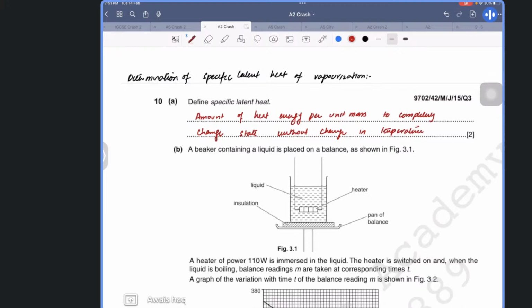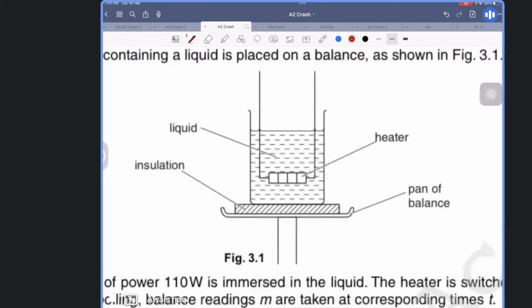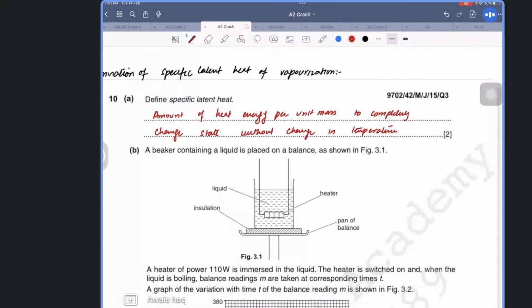All right. Now, let's go forward and check what the question is about. Again, in this section, it is the definition. So this is pretty easy. Actually, the real drawing of this is that you put a pan balance, right? They've also written pan balance. What the pan balance does is that as it is heating, the water boils, and the value of mass right here keeps on decreasing over time.